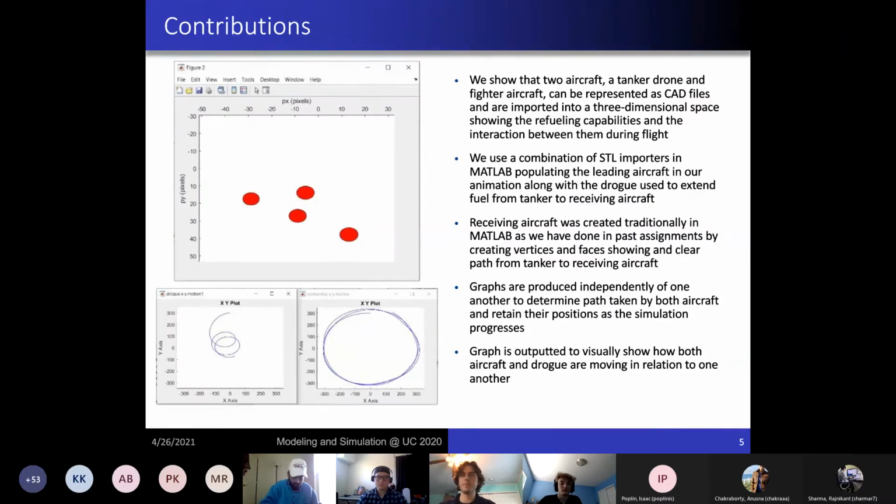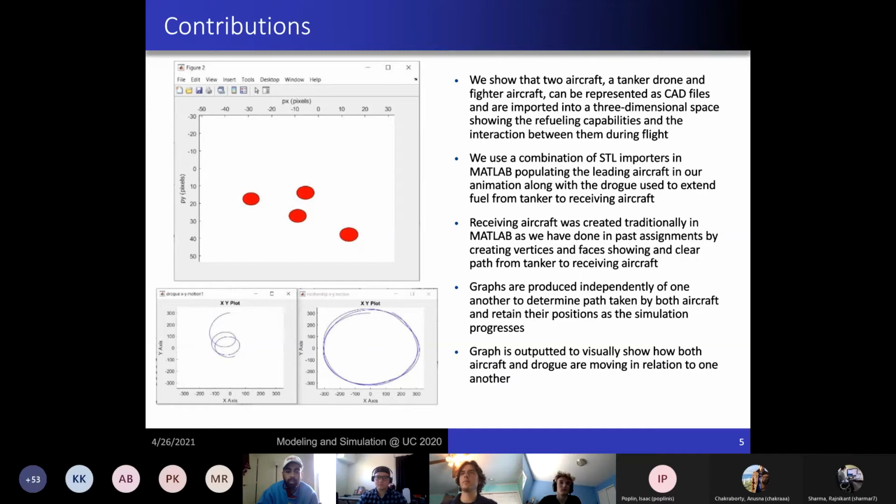Some contributions that we made to the project: we showed two aircraft, a tanker drone, what we call the mothership here, and a fighter aircraft represented by CAD files, in a three-dimensional space, showing refueling capabilities and the interactions between them during flight. We used a combination of STL importers in MATLAB, populating the leading aircraft in our animation, along with a drogue used to extend fuel from the tanker to the receiving aircraft.